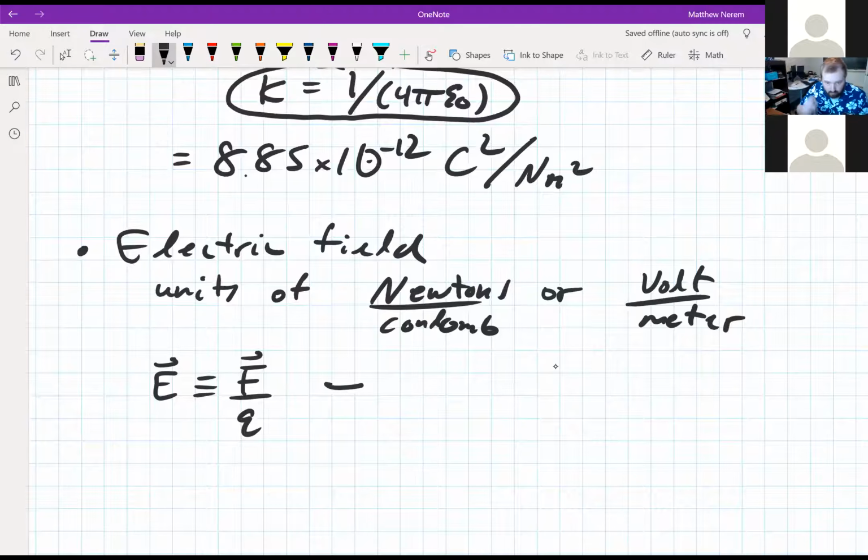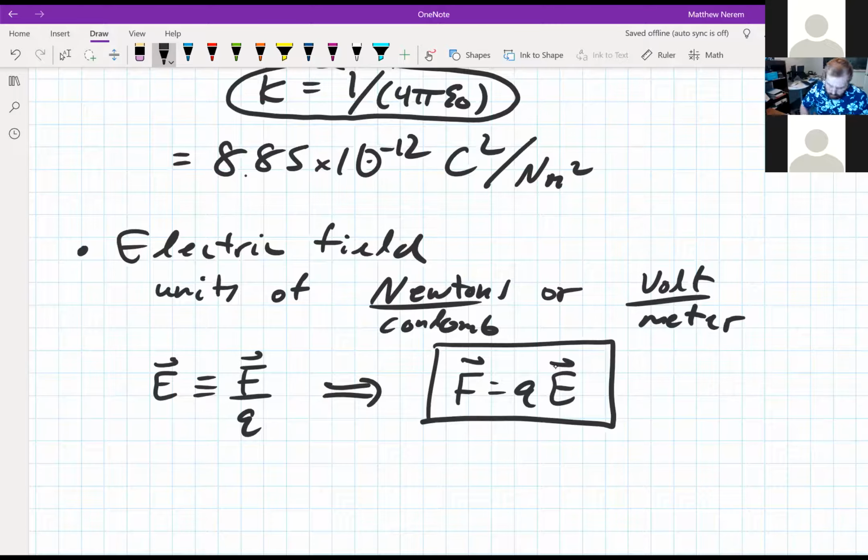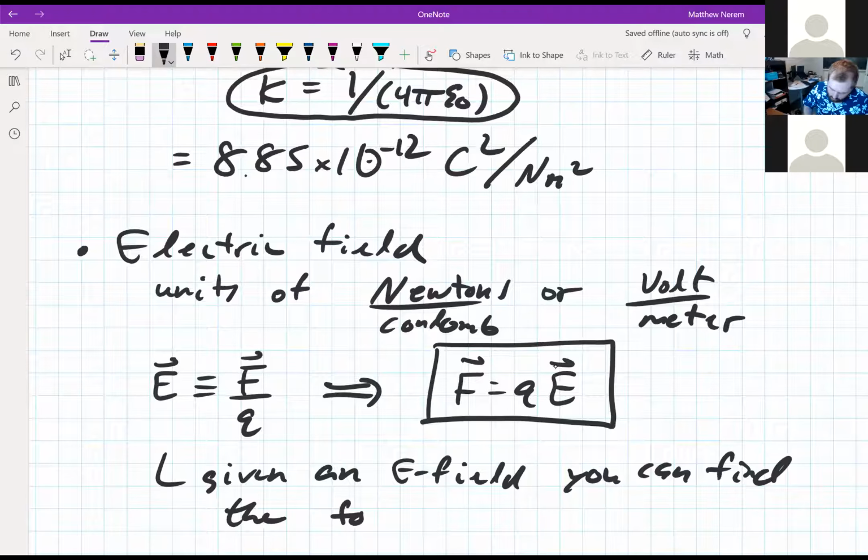Now the expression that we'll use frequently is that F is qE. Basically this says that given an electric field, you can find the force on a charge inside that electric field.